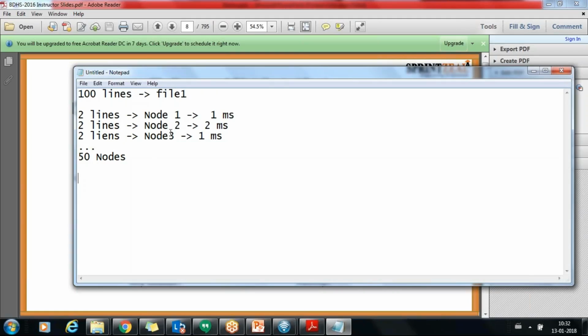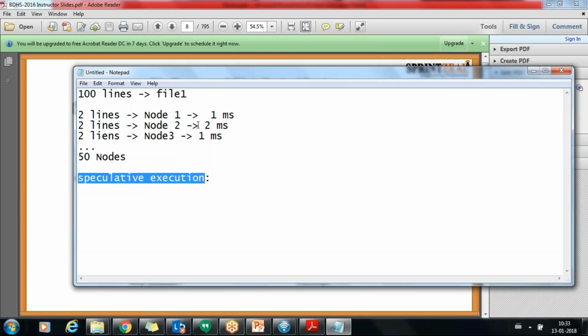If node 2 is behaving slower than the other two, what Hadoop will do is speculative execution, and it's one of the interview questions also. It speculates how much time the node is taking.